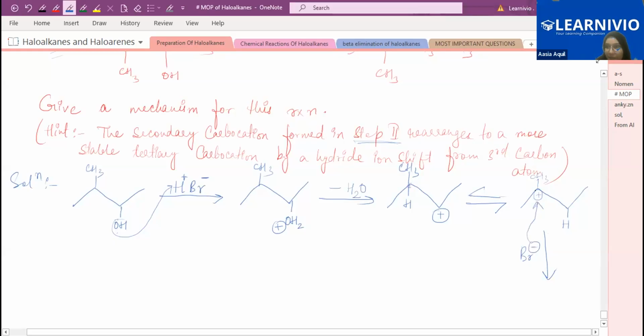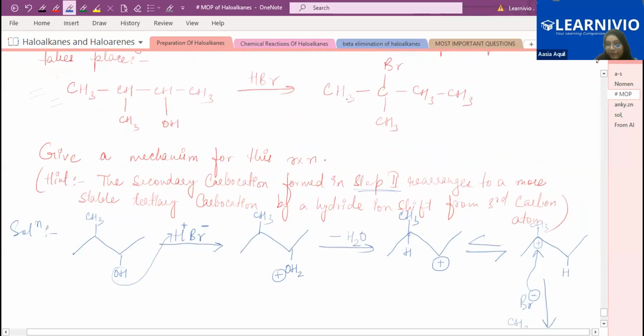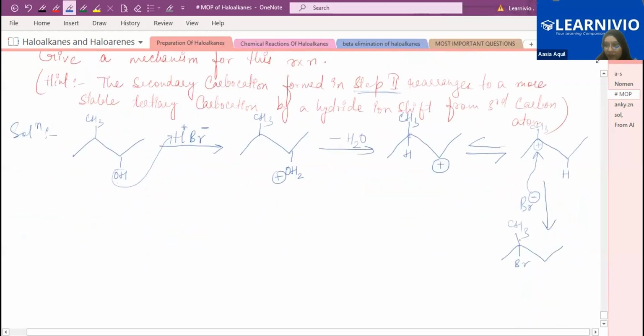Because the carbocation has a positive charge and Br has a negative charge, so it will attack the carbocation center, and यहाँ पे ये आपको bromine का formation हुआ. Now see, the product is same or not? Yeah, it is same. 1, 2, 3, 4, 4 carbon, right? And 1, 2, 3, 4.